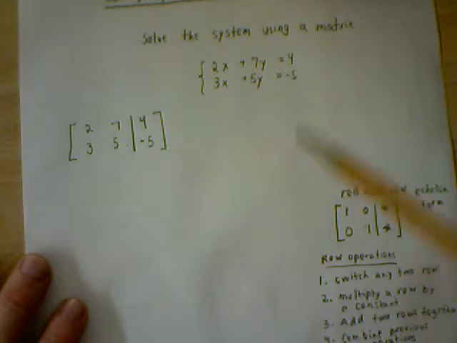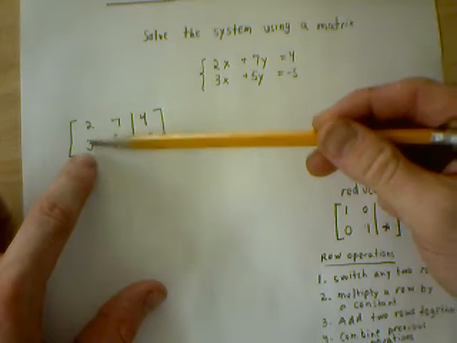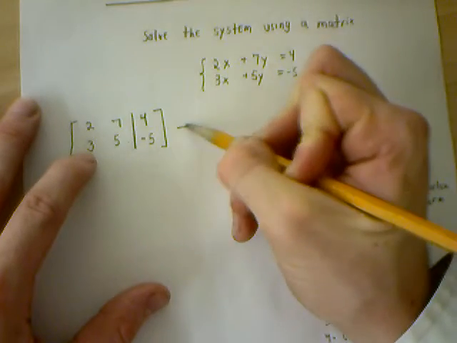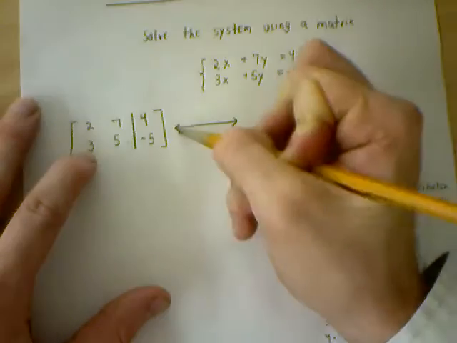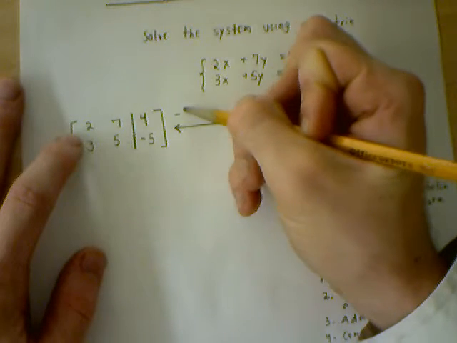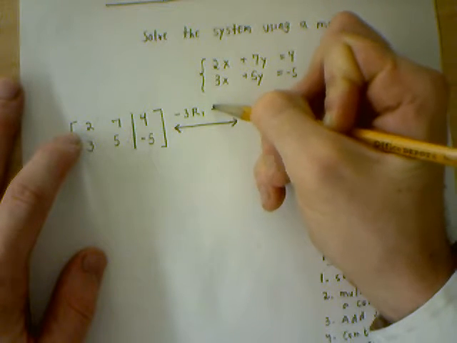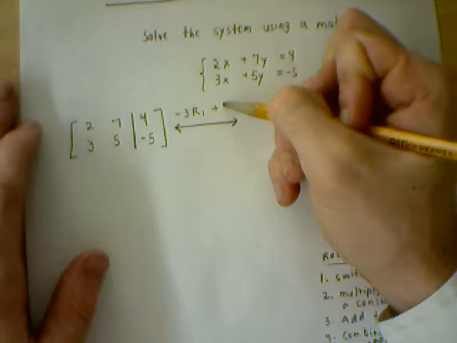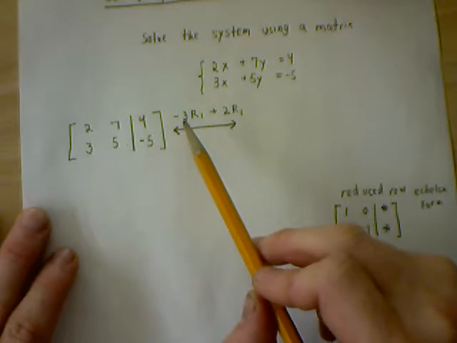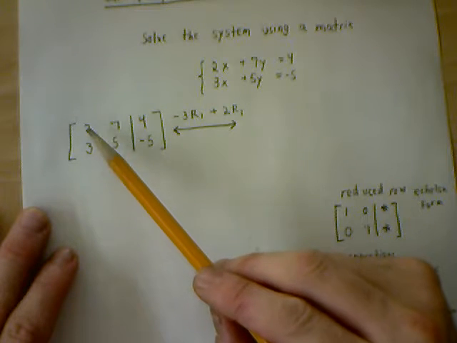Now, I'm going to start with this column because I want this number right here to be 0. What I'm going to do is multiply row 1 by -3, and add it with 2 times row 2, because if I multiply -3 times row 1, I'll obtain -6 here.